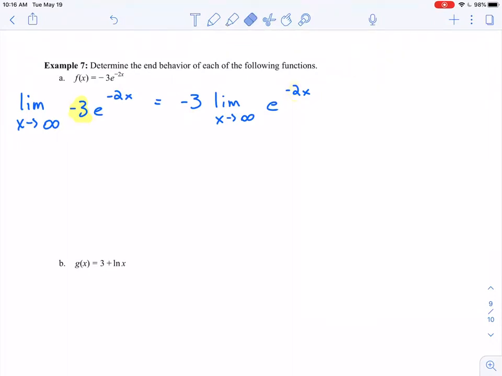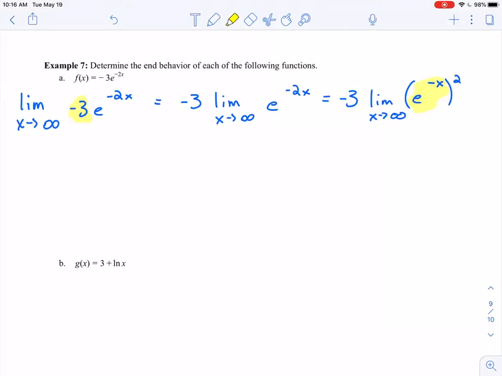So you could say, okay, I know that this is going to approach 0 because of what I know about transformations. The other thing you could do, if you're not so great with transformations, is use properties of exponents here. This says negative 3 times the limit as x approaches infinity. I'm going to think about this as e to the negative x power all squared right here. So here I can now just look at the limit of this inside part, and then I'll evaluate the rest of this.